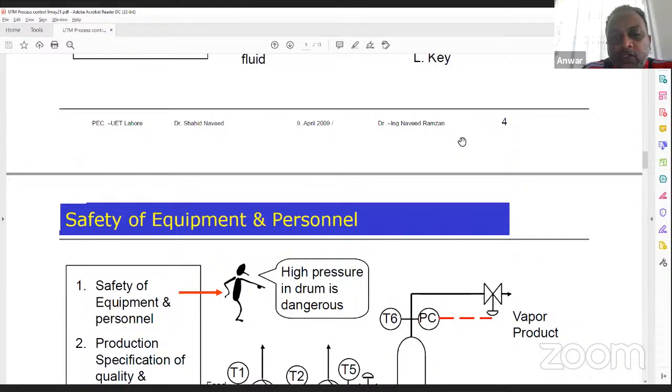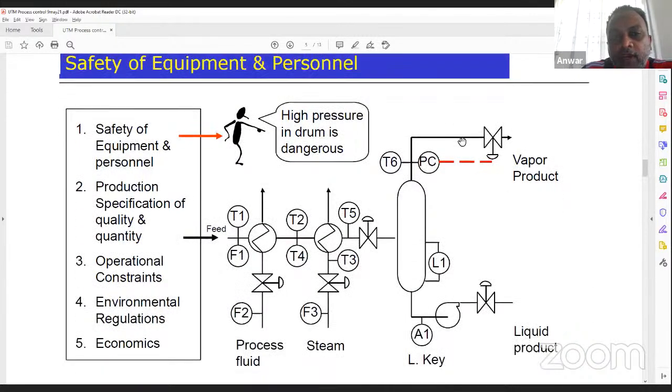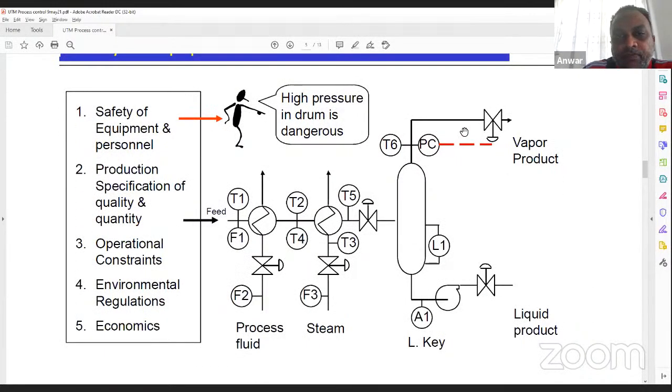I will just scroll to give an example. As an example here, you have this statement telling that high pressure in the drum is dangerous.